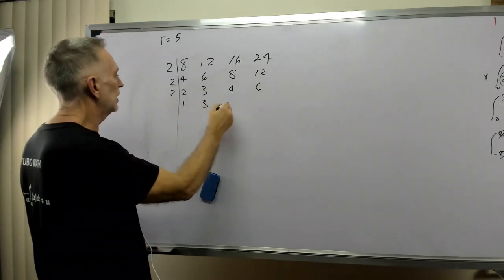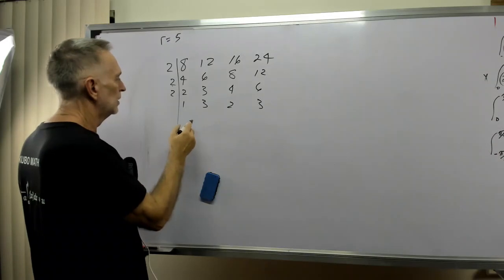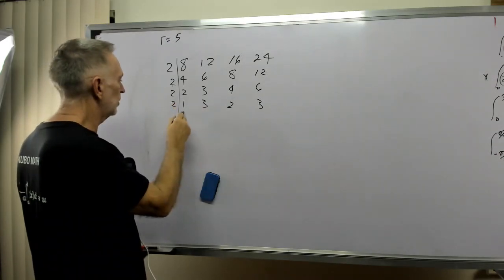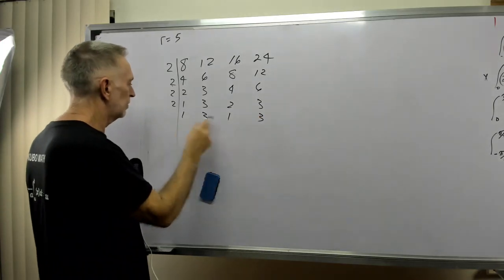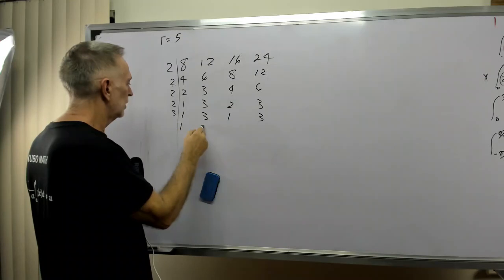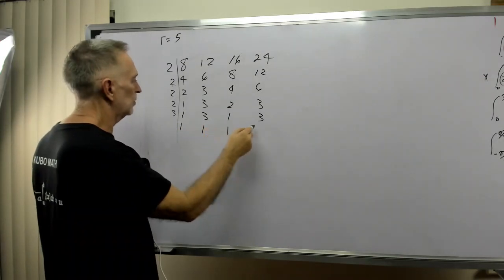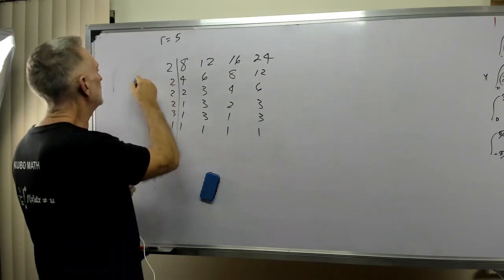Bring the 3 down. 2 times 2 is 4. 3 times 2 is 6. Let me do 2 one more time. You know me, I'm trying to bring it all down to ones. Now I'll go with 3, drop the 1 down. 3 divided by 3 is 1. Bring the 1 down. 3 divided by 3 is 1. Bring the 1 over. Now my least common multiple.